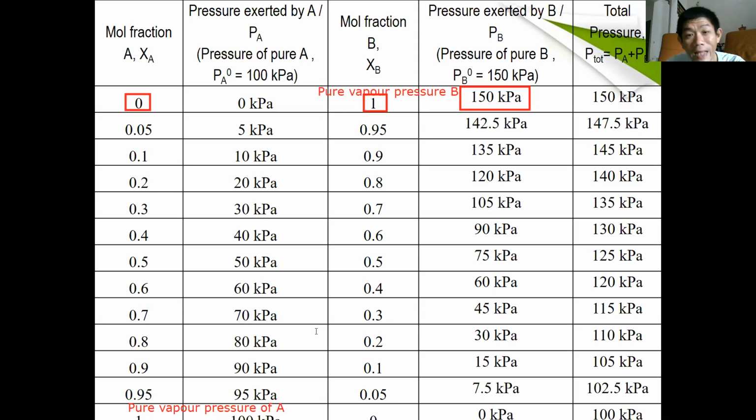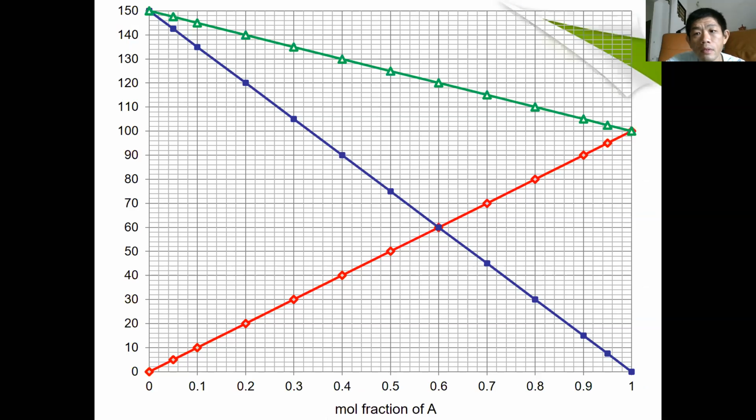So now, what are we going to do? We are going to move this data, pressure exerted by A, pressure exerted by B, total pressure, into graph form. So what will happen if you move it to the graph? The graph will look more or less like this. Okay, so what do these lines actually represent?